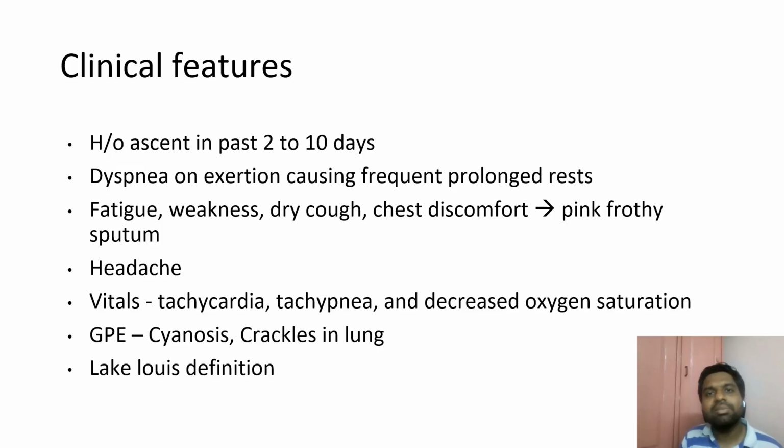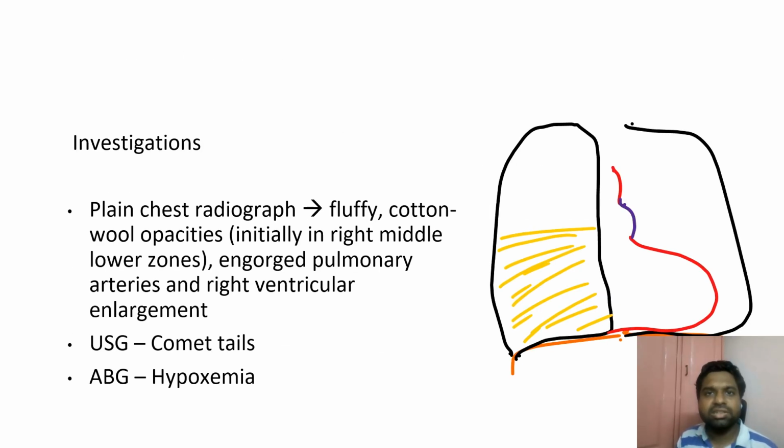And on examination, the person can have cyanosis. And on auscultation, there can be crackles in the lung. And there is also a definition called the Lake Louise definition. Just remember the name, no need to go into depth. Among investigations, we have the plain chest radiograph, where we will be seeing fluffy cotton wool opacities, usually in the right middle and lower zones of the lung, but they can also be bilateral.